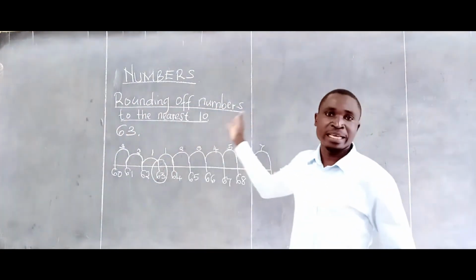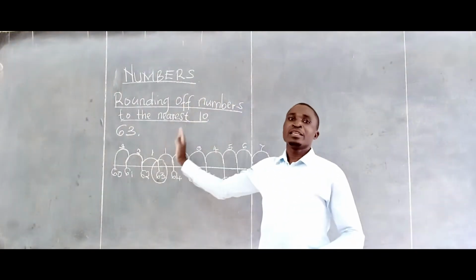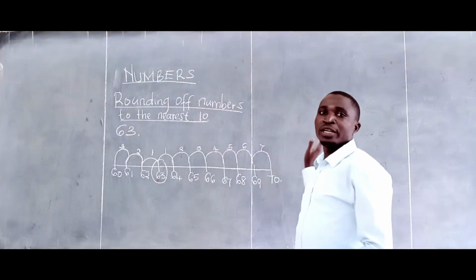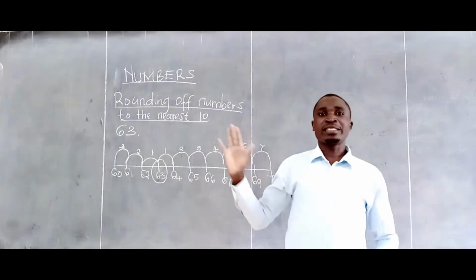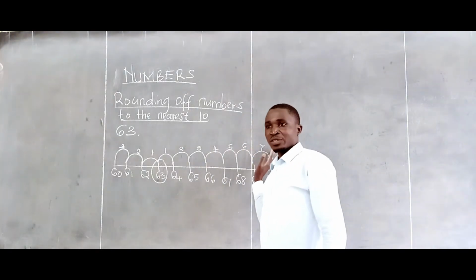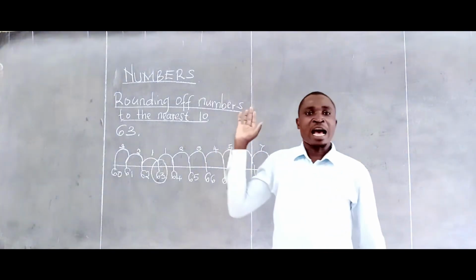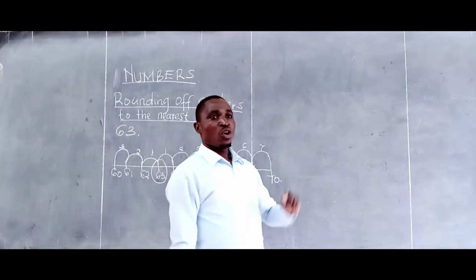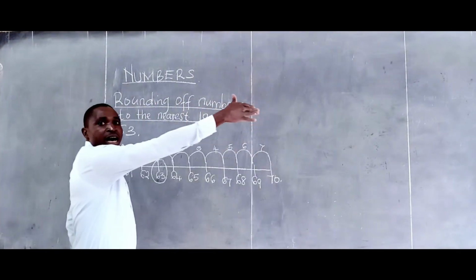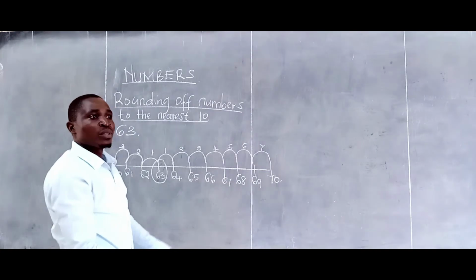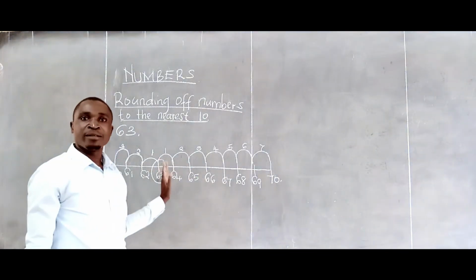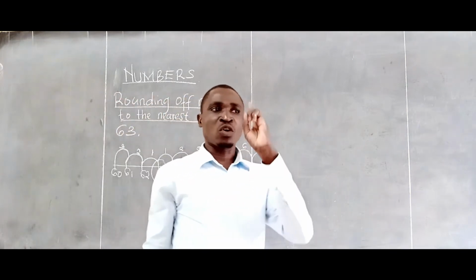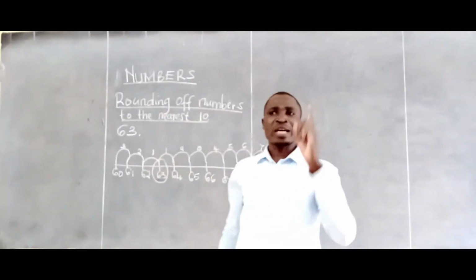I have counted the intervals from number 63 going forward all the way to number 70. I have found that there are 7 intervals. So, having found 7 intervals on the right side and 3 intervals on the left side, from our number which you identified, we are going to consider, because we are going to count.